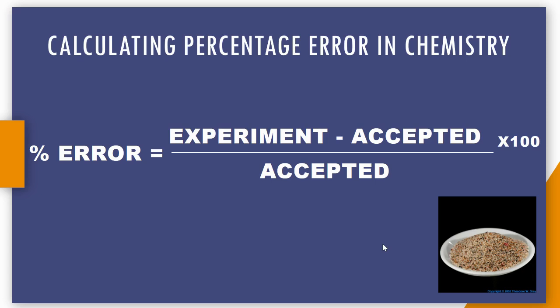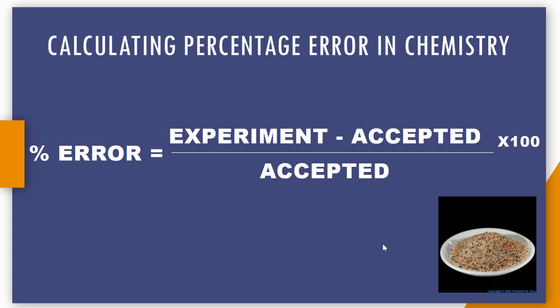When I looked at the ROI formula, it reminded me of a formula that I teach to my chemistry students in high school. When we do measurement in chemistry, we always talk about the percentage error. There's an accepted value or a precise value. Let's say some salt was mixed in a little dish with different types of substances, and the accepted value was 3 grams.